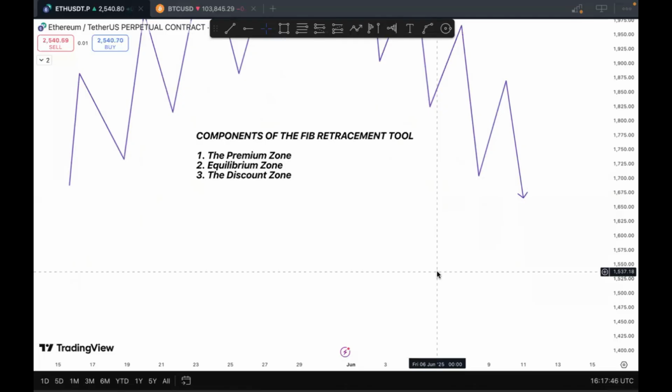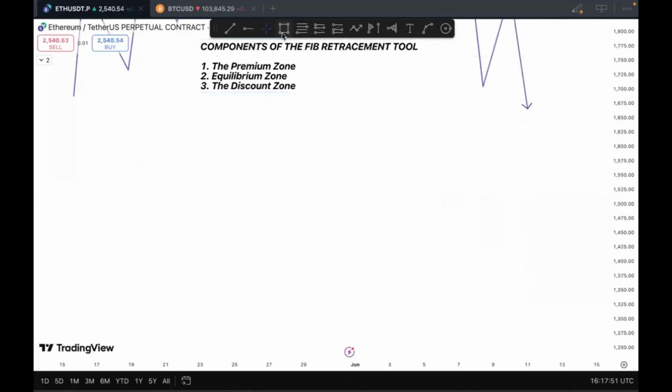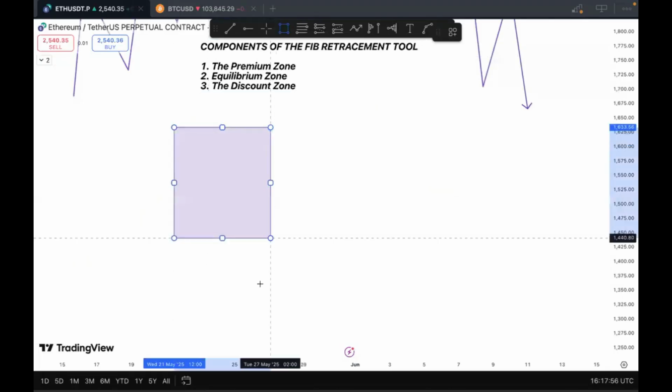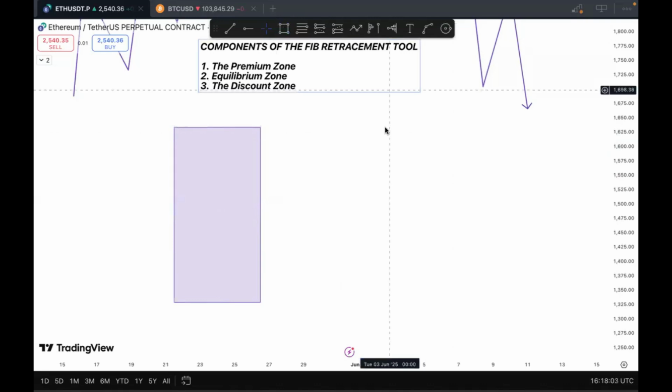So let's locate them. Let's say this is the Fib retracement tool. We have numbers.